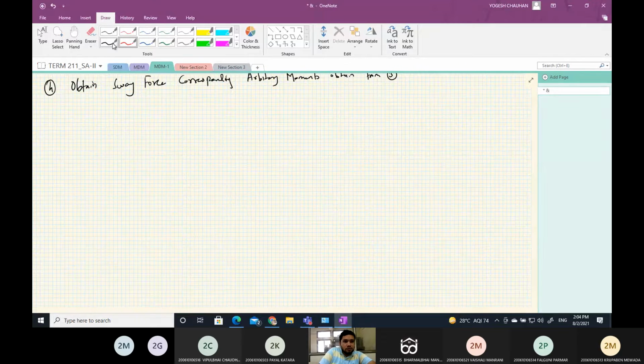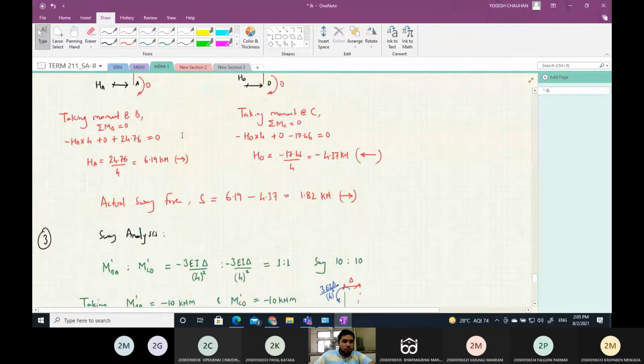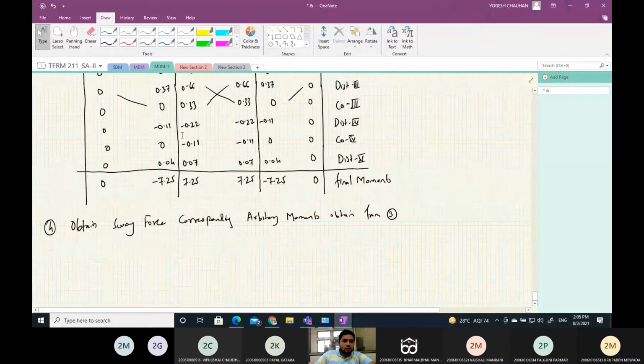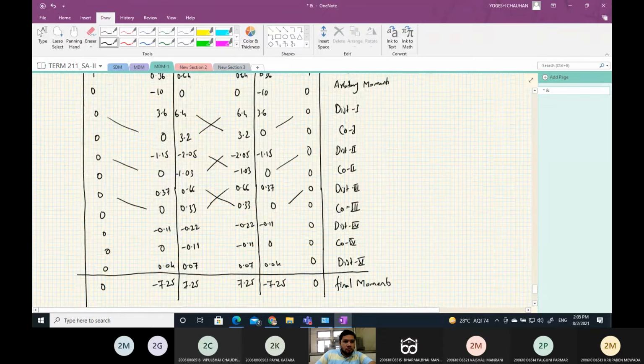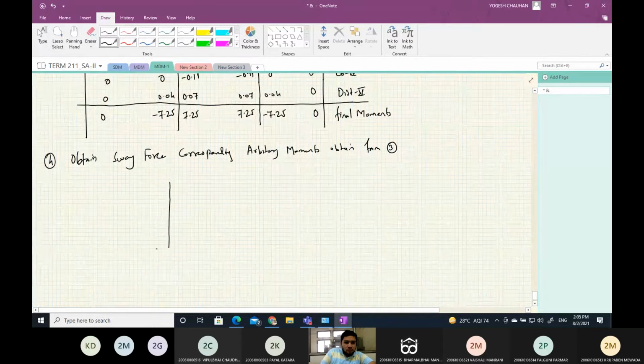So the sway force, same as step 2, we find. Let us call this HA dash.